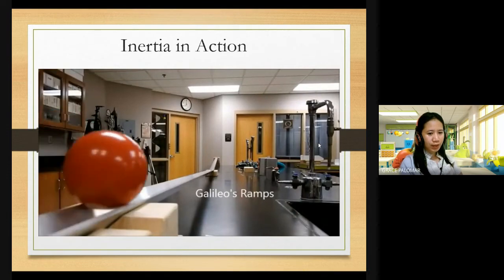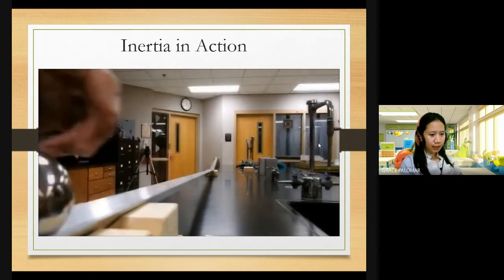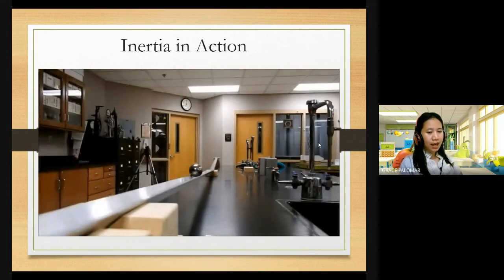And another experiment is Galileo's ramp. In this bowling ball experiment, as you notice, it will continually roll over and over again, infinitely, unless you apply an external force to stop it.